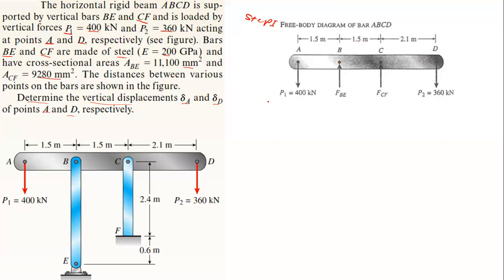So this time, we're going to do summation of moment. First is summation of moment at B. Summation of moment at B is equal to 0.